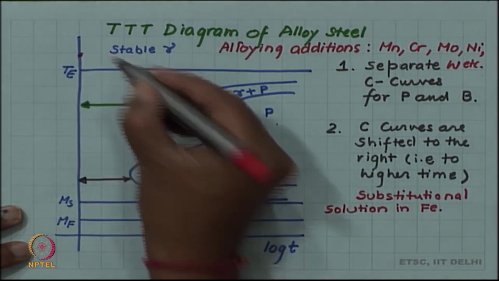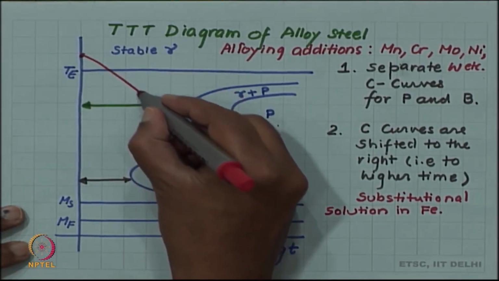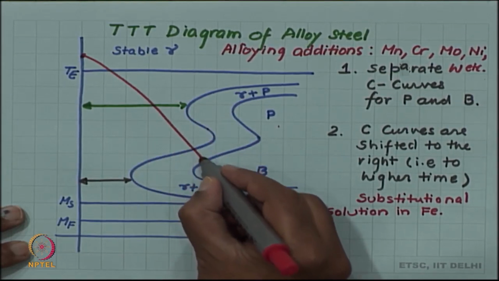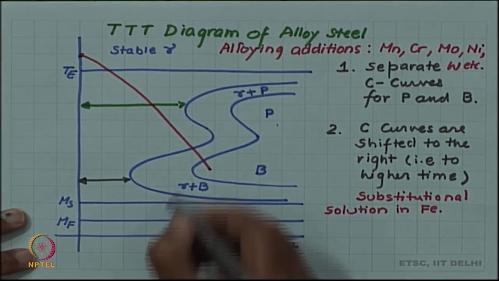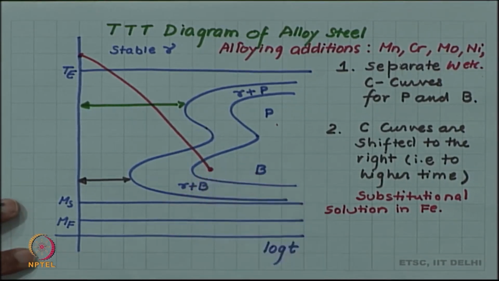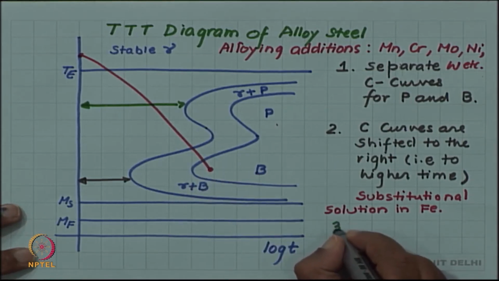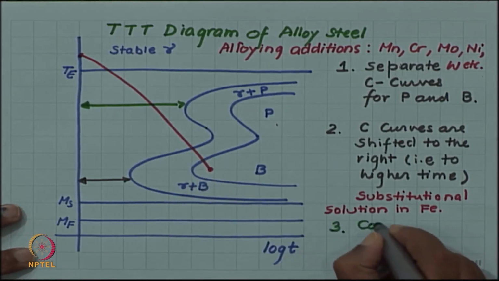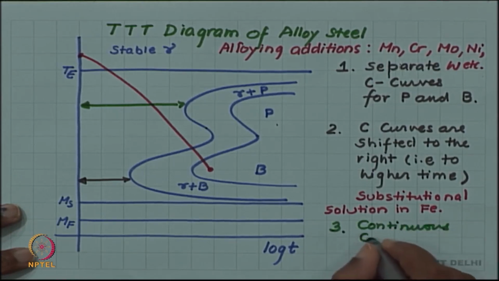So, if I start with austenite and if I choose a cooling rate which avoids the pearlite nose, but enters into the bainite region, by continuous cooling I can produce bainite. So, this is another feature of alloying. This was not possible in plain carbon steel.